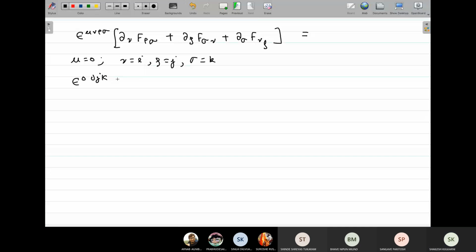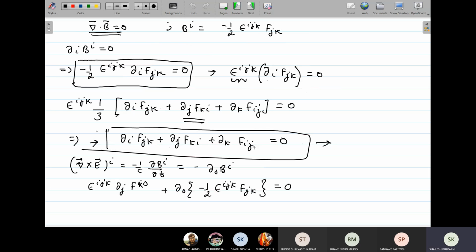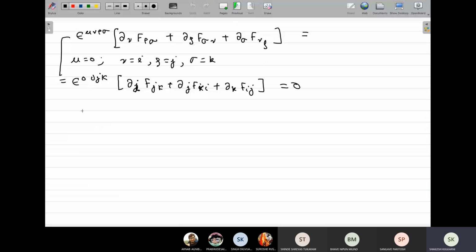It will be ∂_i F_jk plus ∂_j F_ki plus ∂_k F_ij. So for μ equal to 0, this will be equal to this, but this is 0 because of this relation. I think my battery is down and may go at any time.